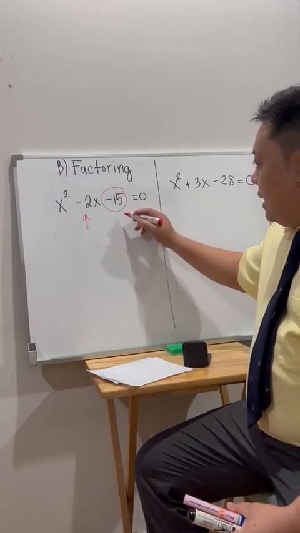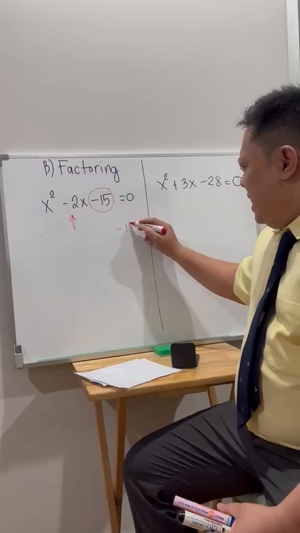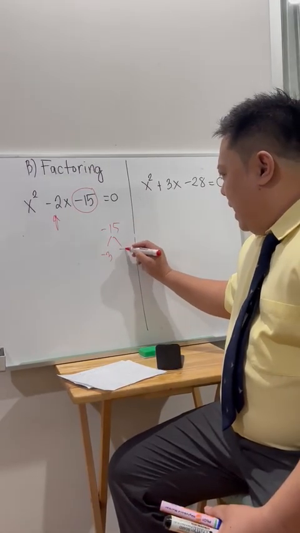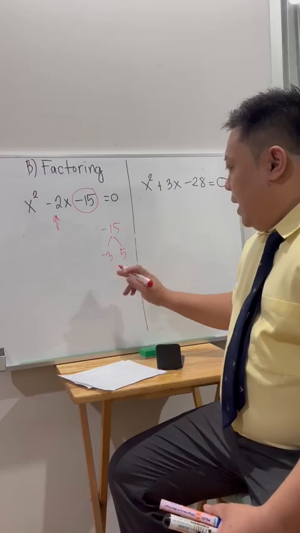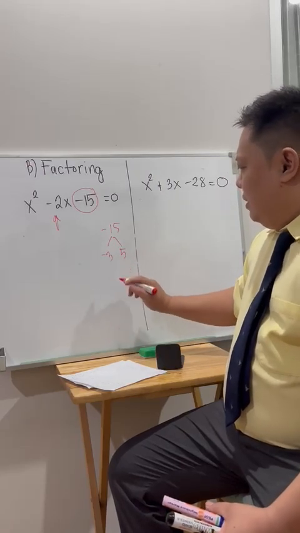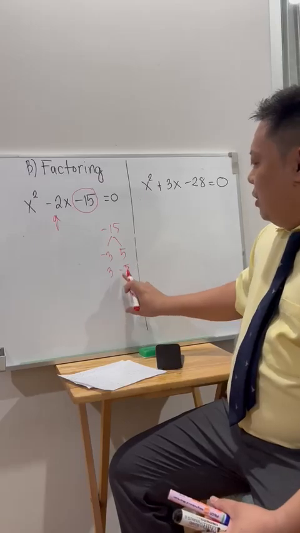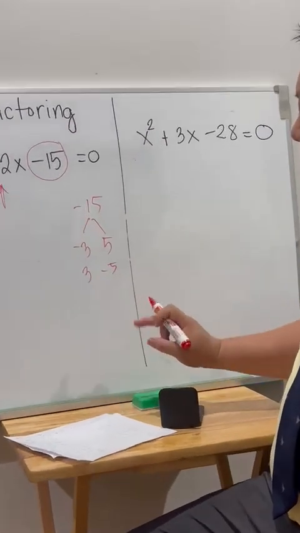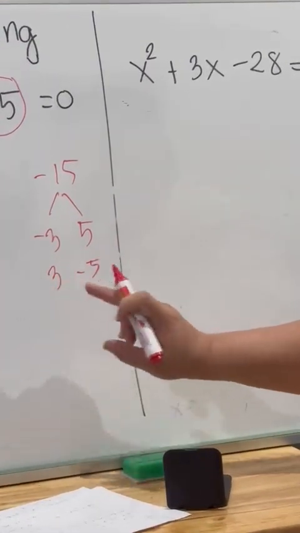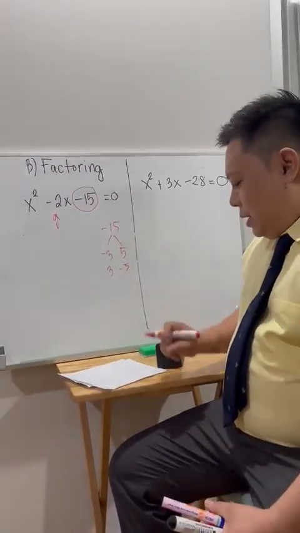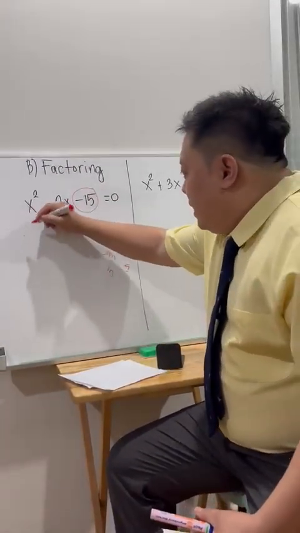So negative 15, we can have negative 3 and 5, but when you add it up, it will be positive 2. So 3 and negative 5, I think it will work well, because 3 plus negative 5 is negative 2.